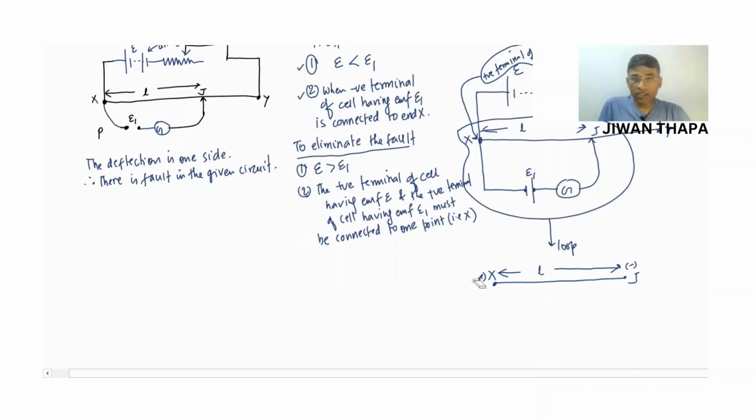Let me write in this way, okay, in very short. Positive, so we have this, and this point or this side of the galvanometer is positive and this side of the galvanometer is negative.